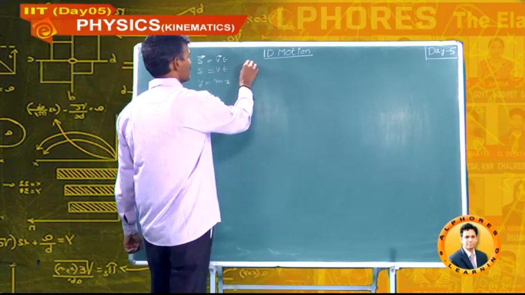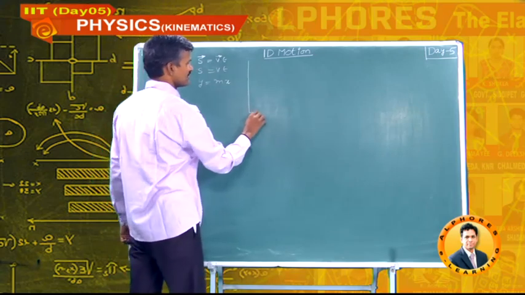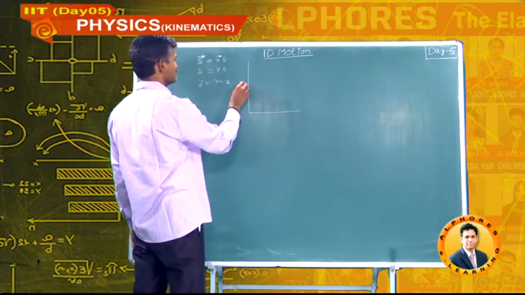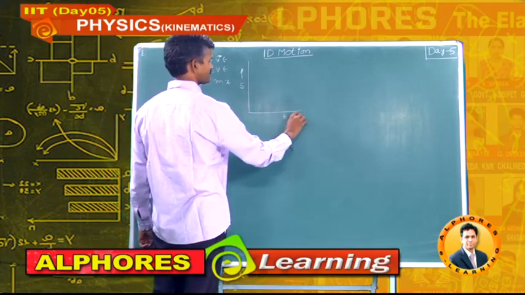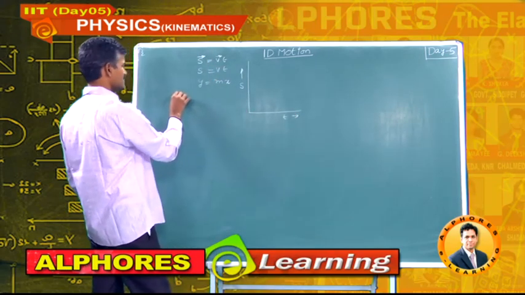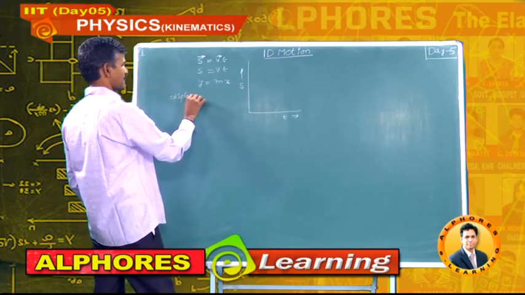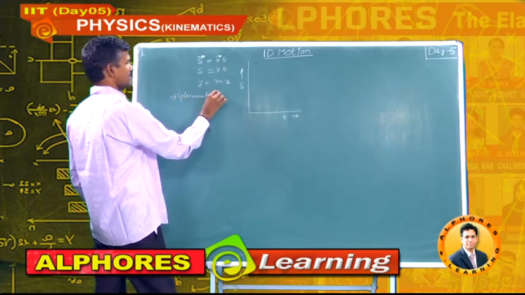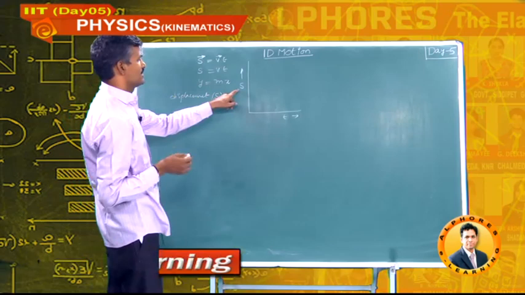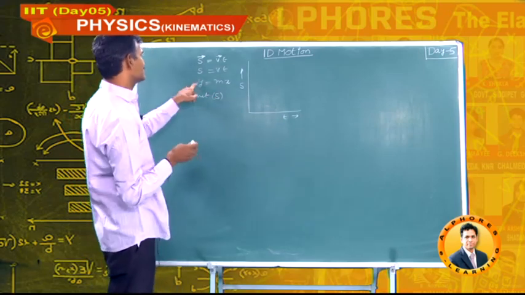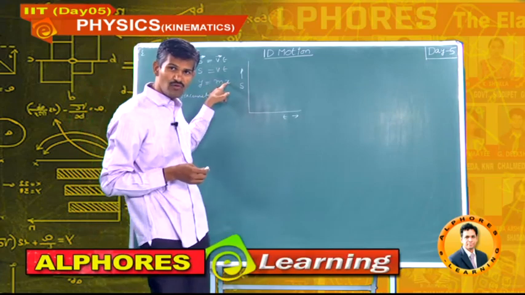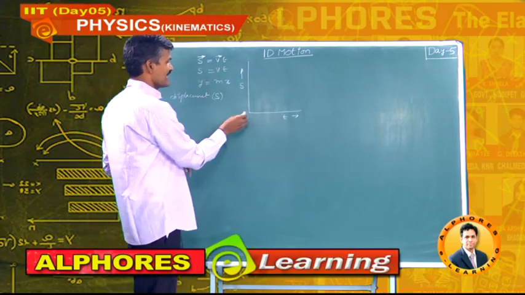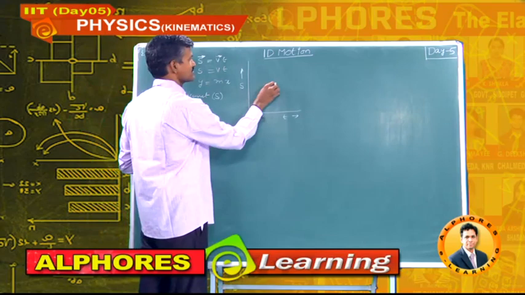It means if we draw a graph between displacement versus time, this is like y equal to mx. So, the graph is a straight line passing through origin.